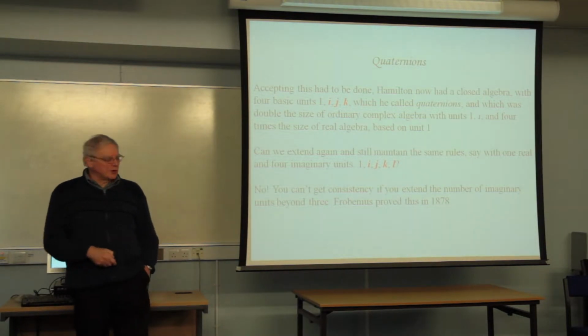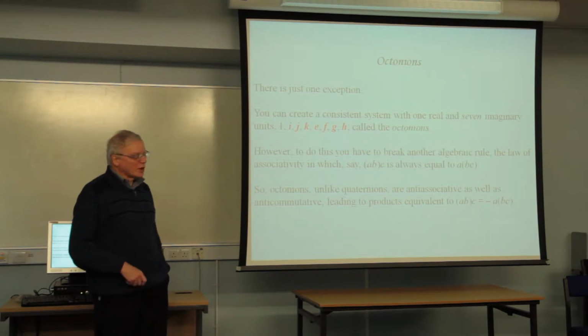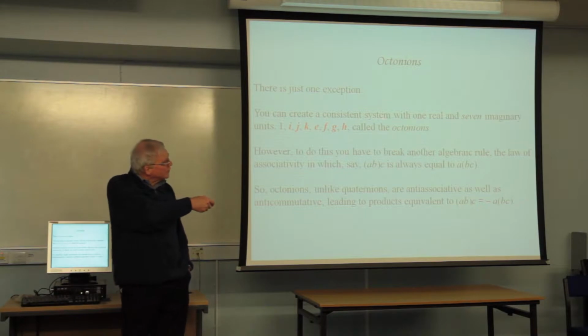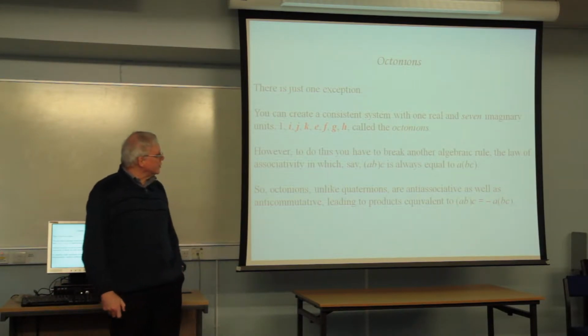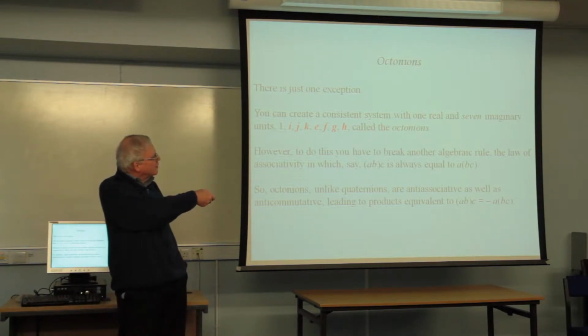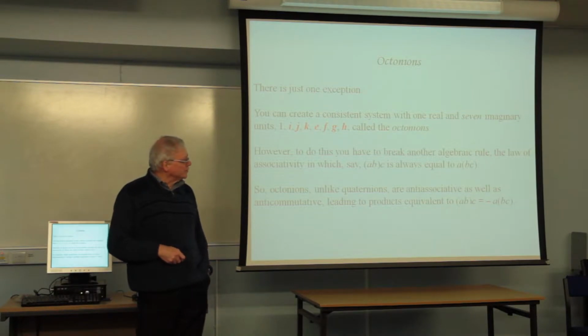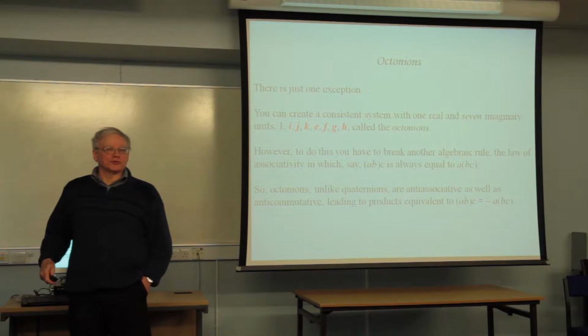That's a mathematical theorem proved by Frobenius in 1878. However, there is an exception to that. The exception is that you can do it with 1 real and 7 imaginary units, I, J, K, E, F, G, and H, which we call the octonions. However, if you want to do this, you've got to break yet another algebraic rule.